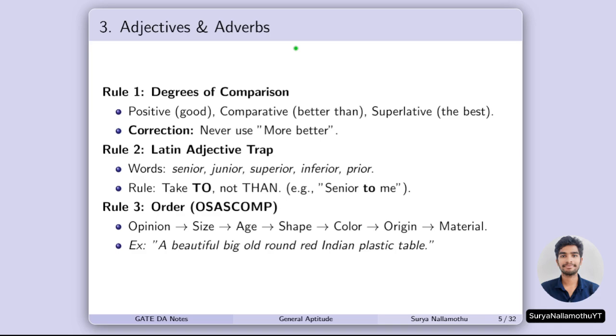In the parts of speech, we have noun, pronoun, verb, adverb, adjective, prepositions, and conjunctions. First, noun. Noun is nothing but names.